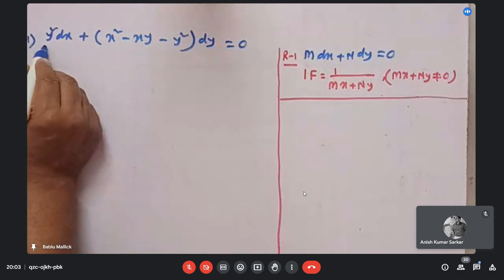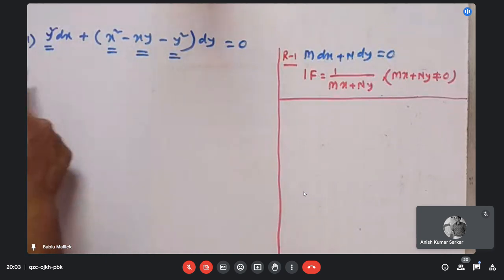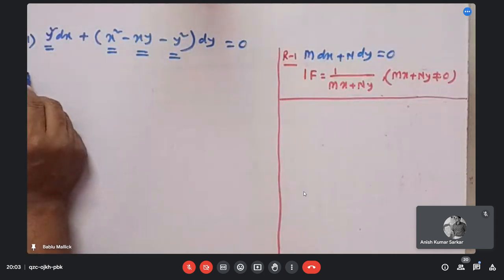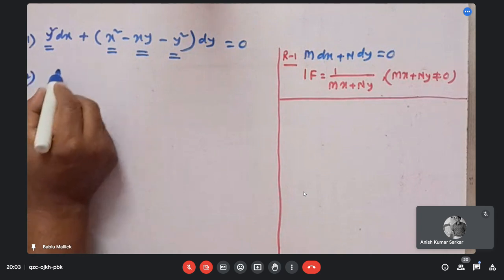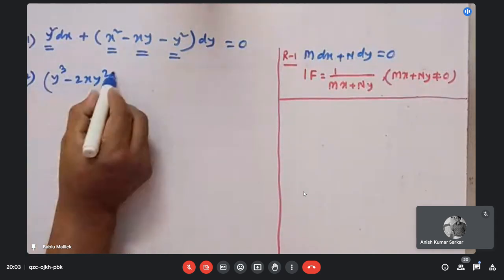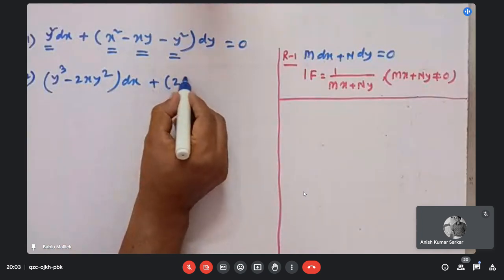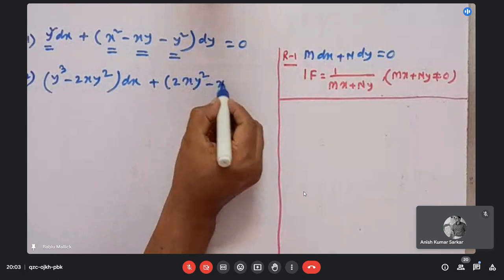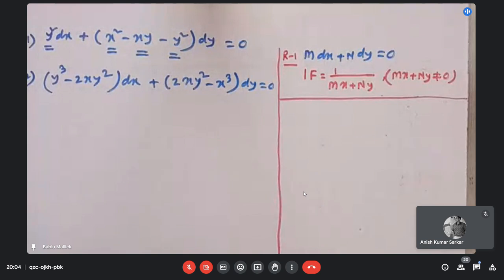It is homogeneous, degree 2, all degrees are the same, so it is homogeneous. And the second homework is this: y cube minus twice xy square, this dx, plus twice x into y square minus x cube dy is equal to 0.